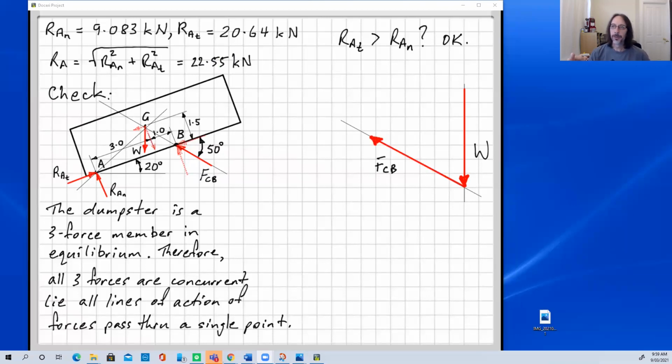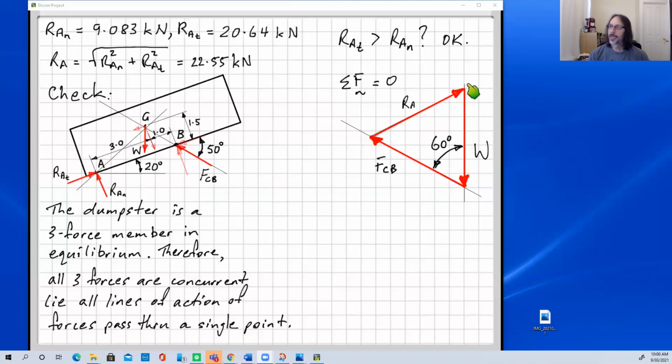The other thing you can do with your 3 force member diagram is, because we've got 3 forces in equilibrium, they will make a closed triangle. So we can put in our weight force here, acting down, and our hydraulic cylinder force, FCB, acting at 50 degrees. We can put in that dimension, and then we know that the force that goes from here to here must close that triangle. I've put in here my justification, sum of the forces equals 0.